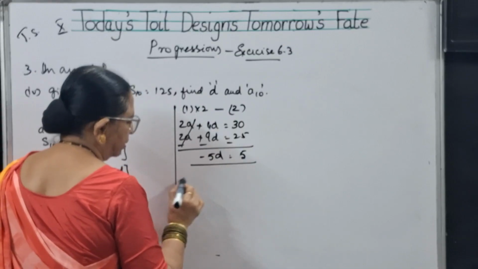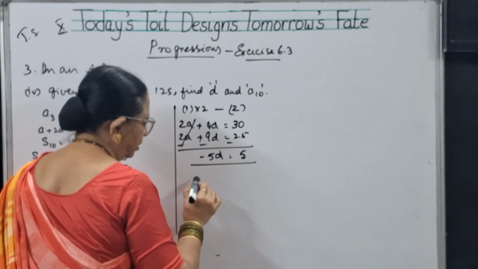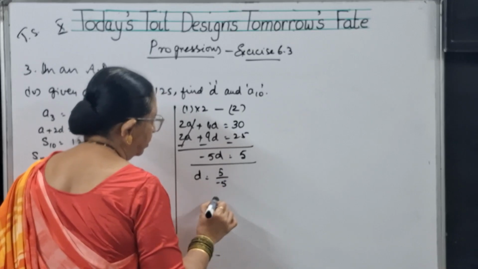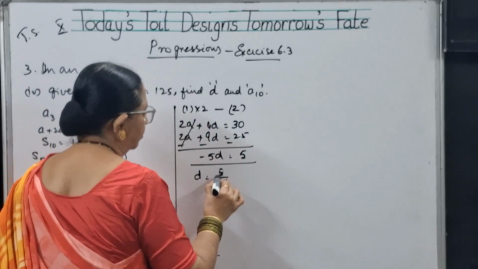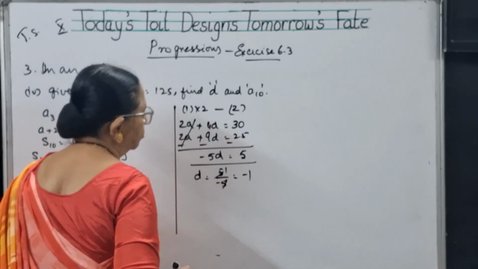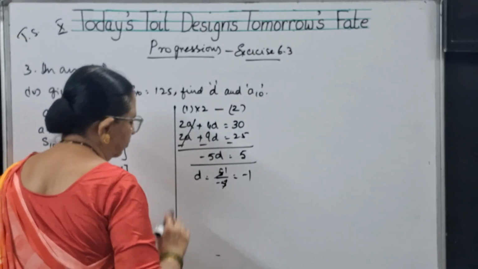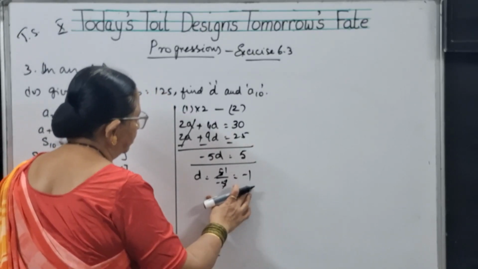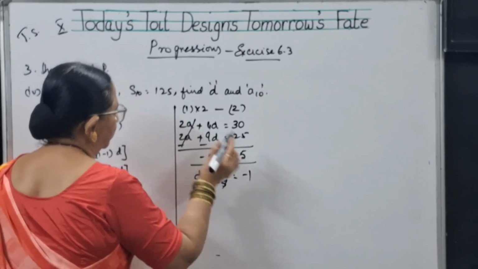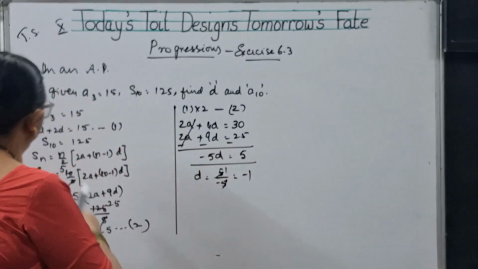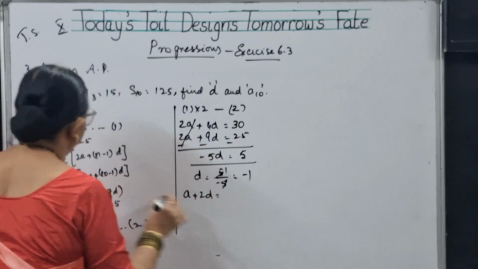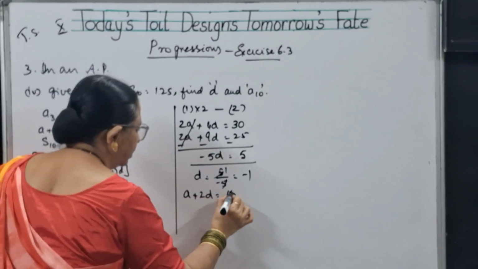So what is d, children? Here d is 5 by minus 5. How much are you getting? 5 ones are 5, so d is minus 1 we got. After getting d value as minus 1, substitute this d in any one of the equations. So I will take the first equation, a plus 2d is equal to 15.